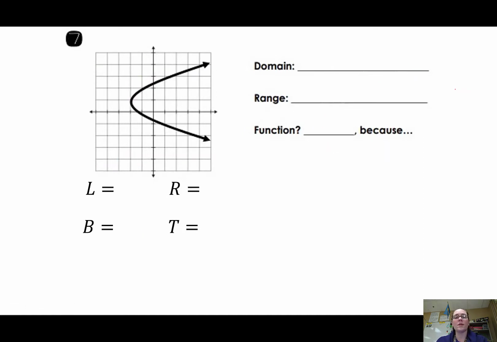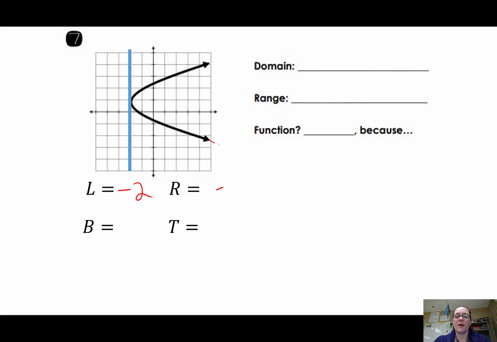All right, I've got a couple more. So this is one of the cases where the domain's not going to continue on forever in both directions, that we're not a closed shape. So how far left do I go? Well, I go to -2. Then I'm going to keep going right forever.